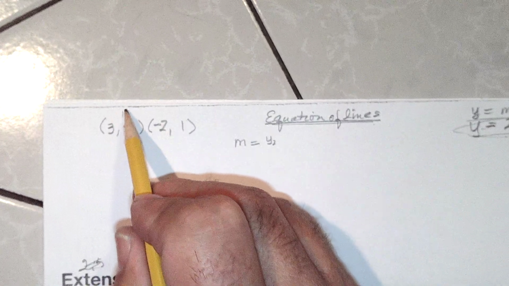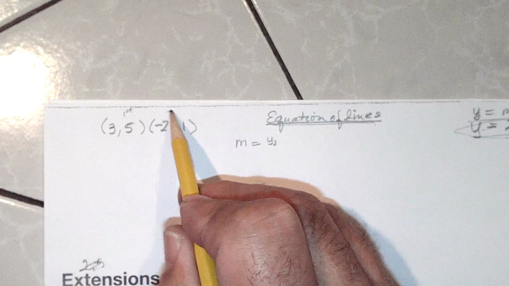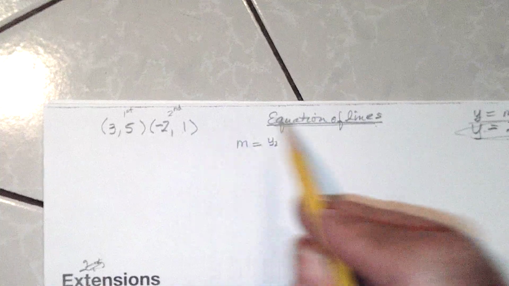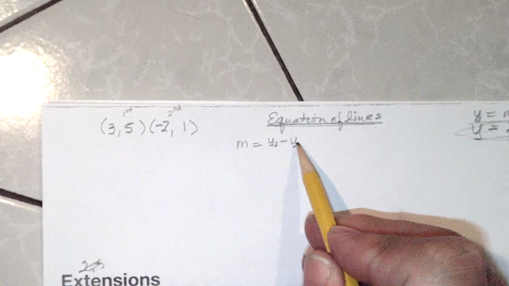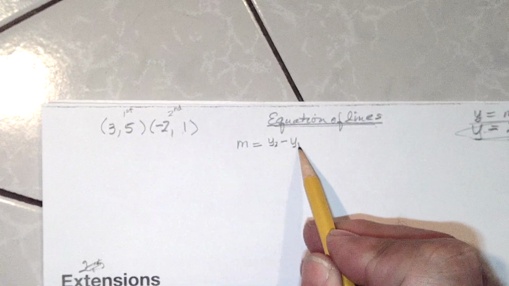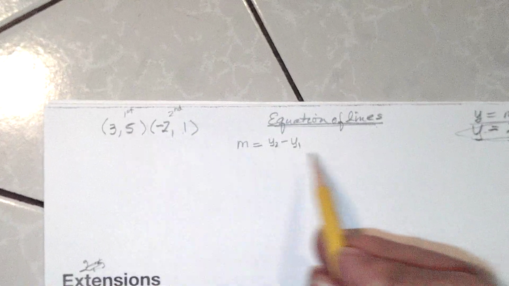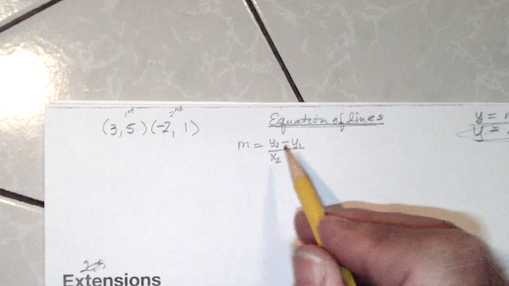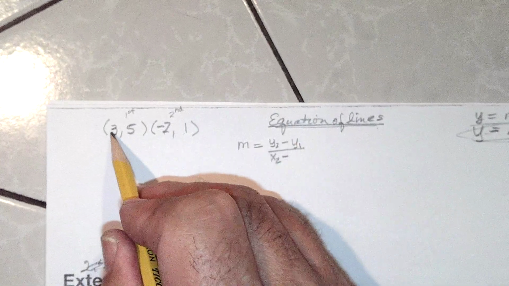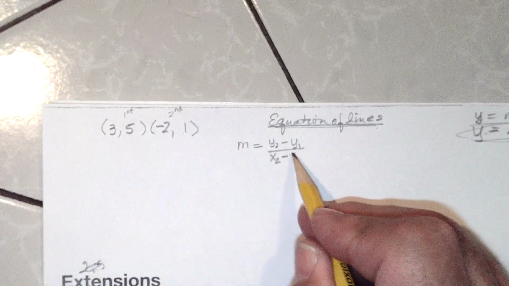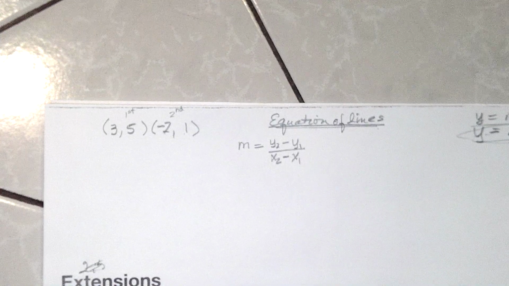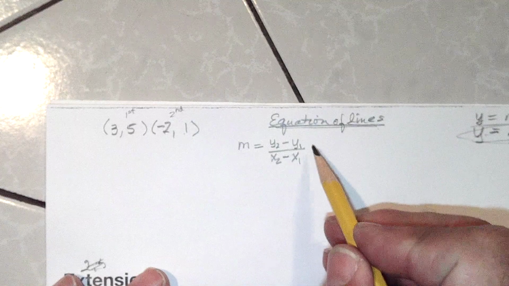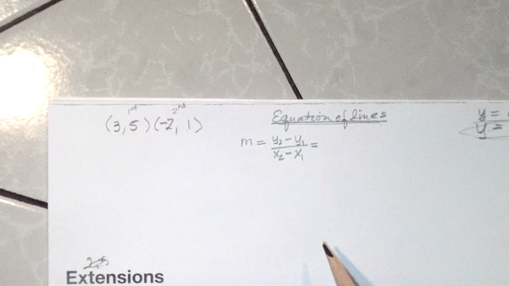So if I called this one the first and this one the second, the y coordinate from the second would be 1, and then the y coordinate from the first point would have been the 5. The x coordinate from the second point would be the minus 2 minus the x coordinate of the first one, and that's the way you do it. Find the slope. But what is the slope?